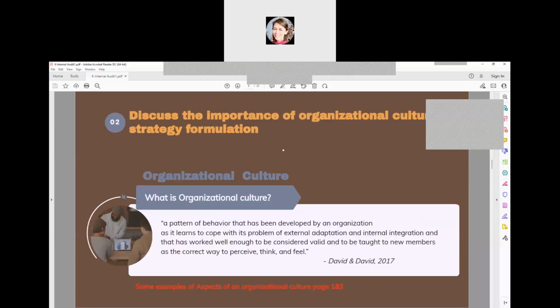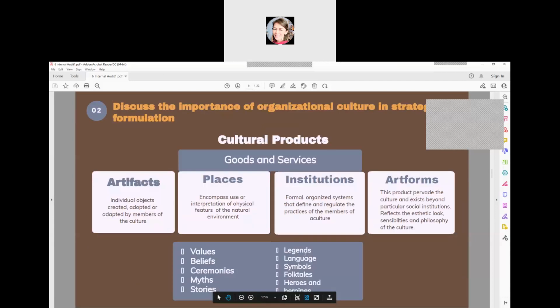Now, the next slide is the definition, and like I said, I'm not going to go over this. There are examples of aspects of an organizational culture found in the main textbook, on page 183. I'm also going to skip this one, which shows the elements of organizational culture: artifacts, places, institutions, and art forms.